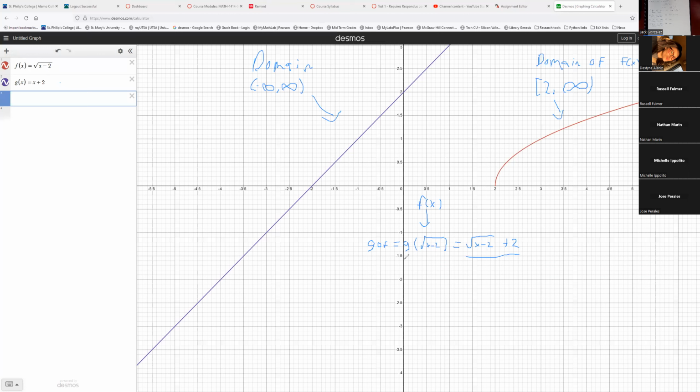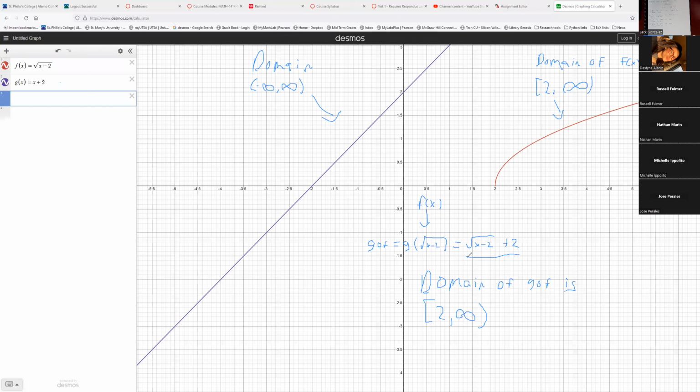So I guess you could say x has to be greater than or equal to 2. Yeah, for sure x has to be greater than or equal to 2. So the domain of g of f happens to be in this case the same as the one that went inside the f.